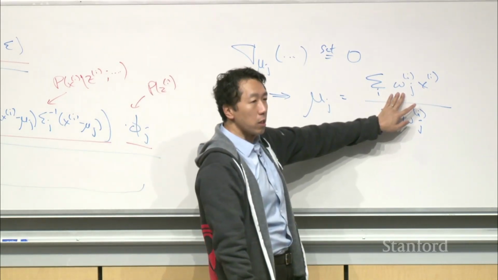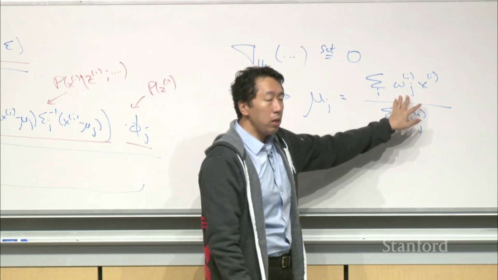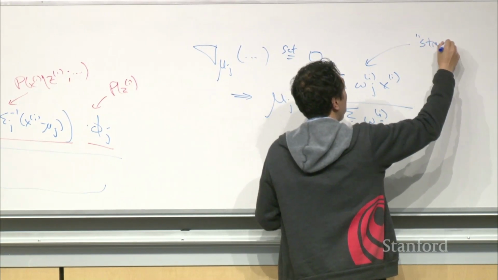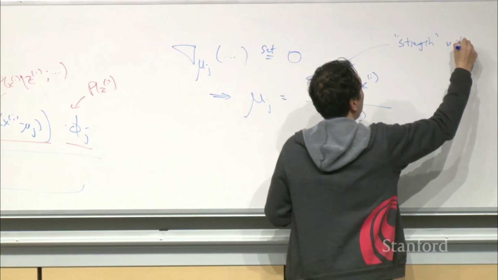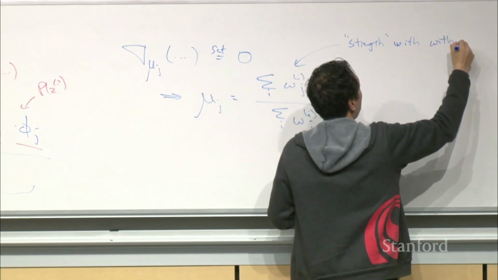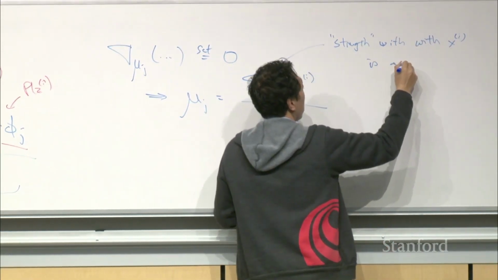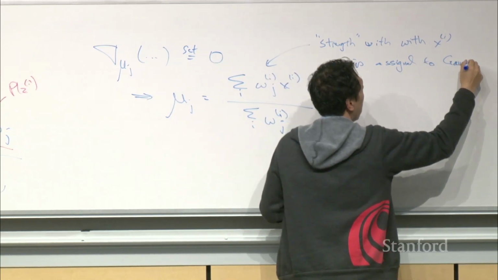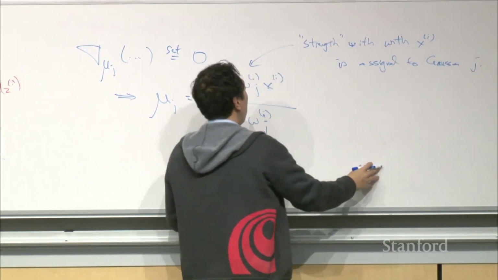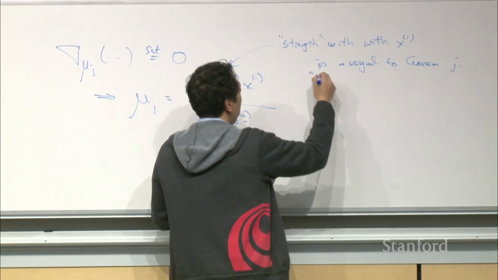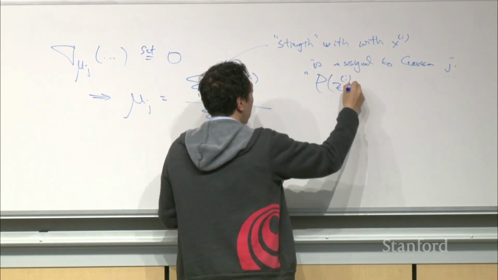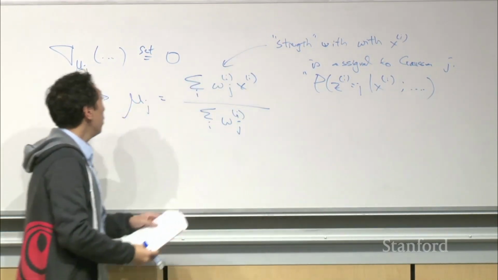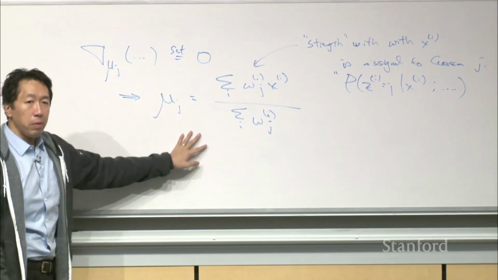The Wij's are, informally, the strength with which xi is assigned to Gaussian j. And more formally, this is really P of zi equals j given xi and the parameters. And so you end up with this formula.